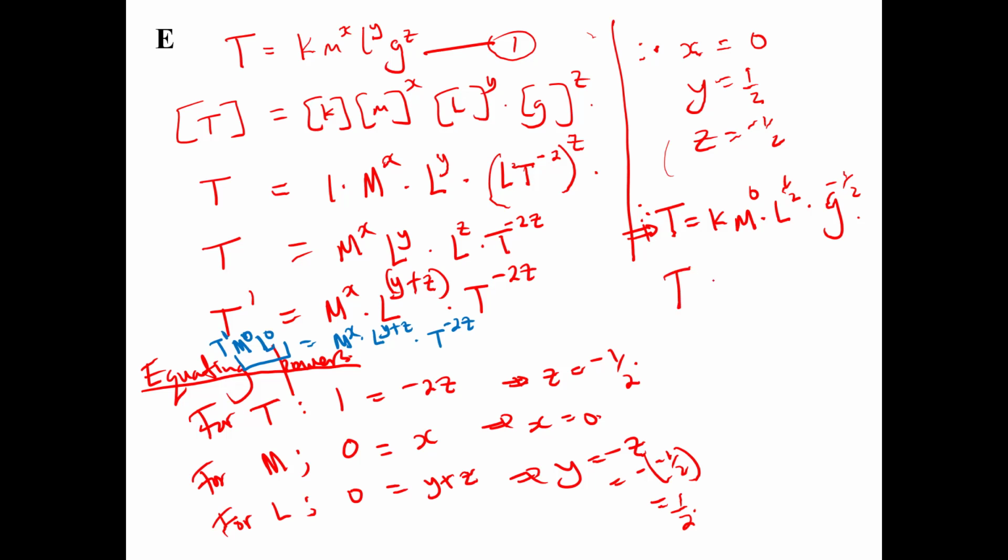So our t will be the same as the square root of L divided by the square root of g. And this is the same as t is equal to K times the square root of L over g, as our equation. So that is how we use the knowledge of dimensions to come up with an equation.